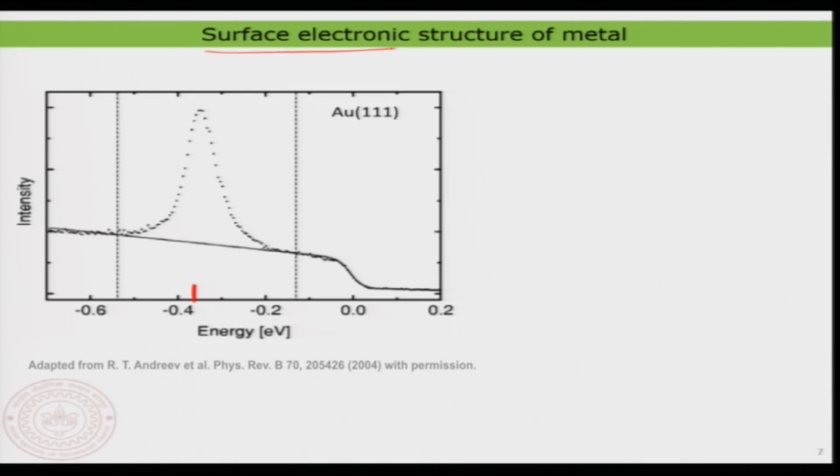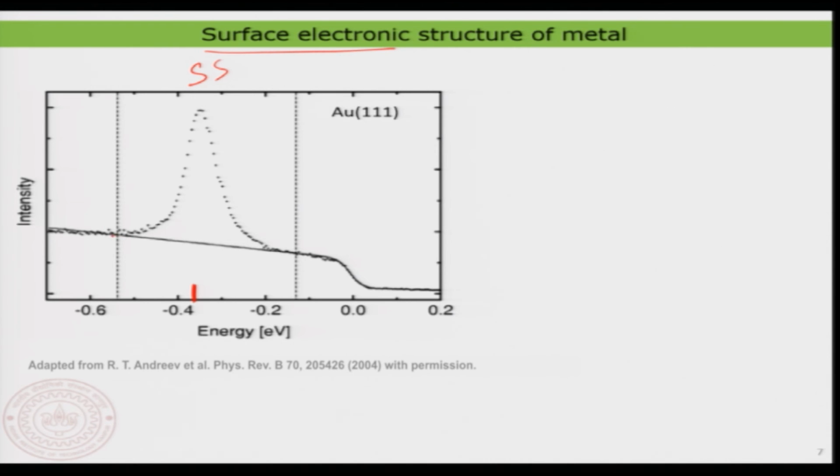It is only observed when you do the experiment with the gold 111 surface. Why is that? It is nothing but the surface electronic structure, the surface state of the gold 111 surface. If you recollect, we have already discussed that for every surface you are expecting to see something like a surface state, and that is the reason why you see this kind of surface state.